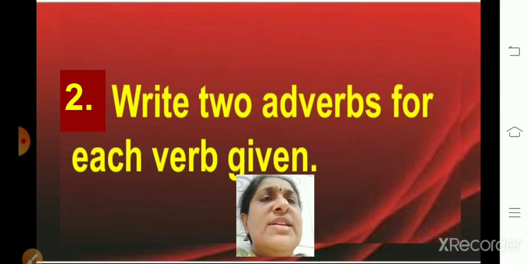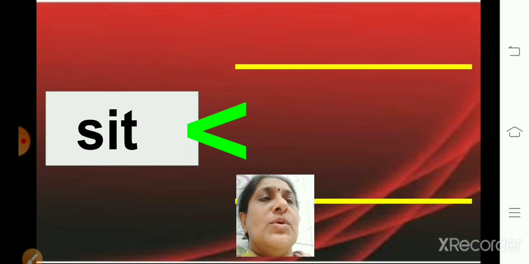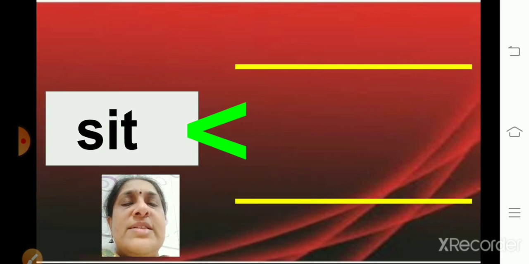Second activity is write two adverbs for each verb given. So we did just now. In the same way I have given you a few verbs and you have to write suitable adverbs for the verb. So the first one is sit.